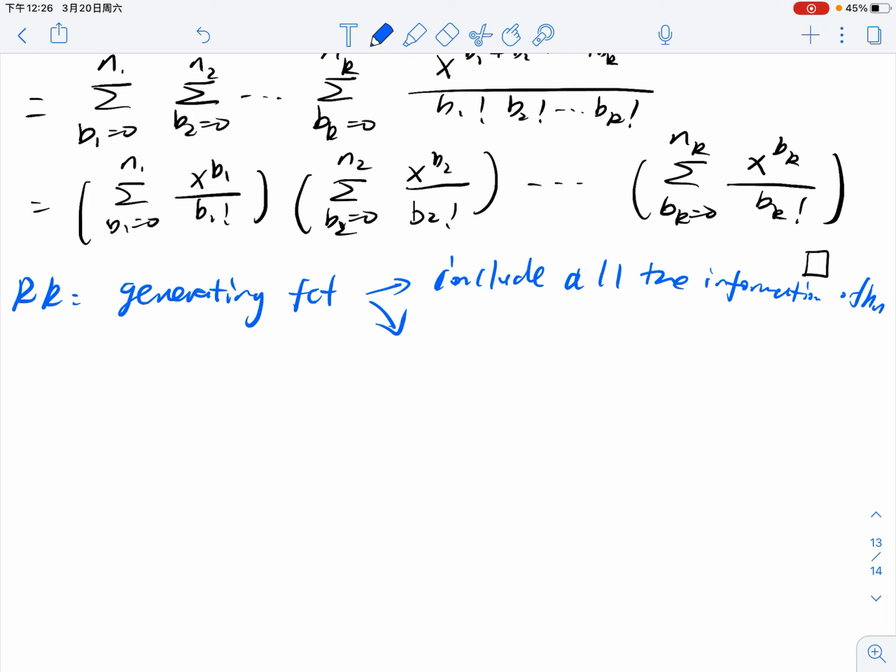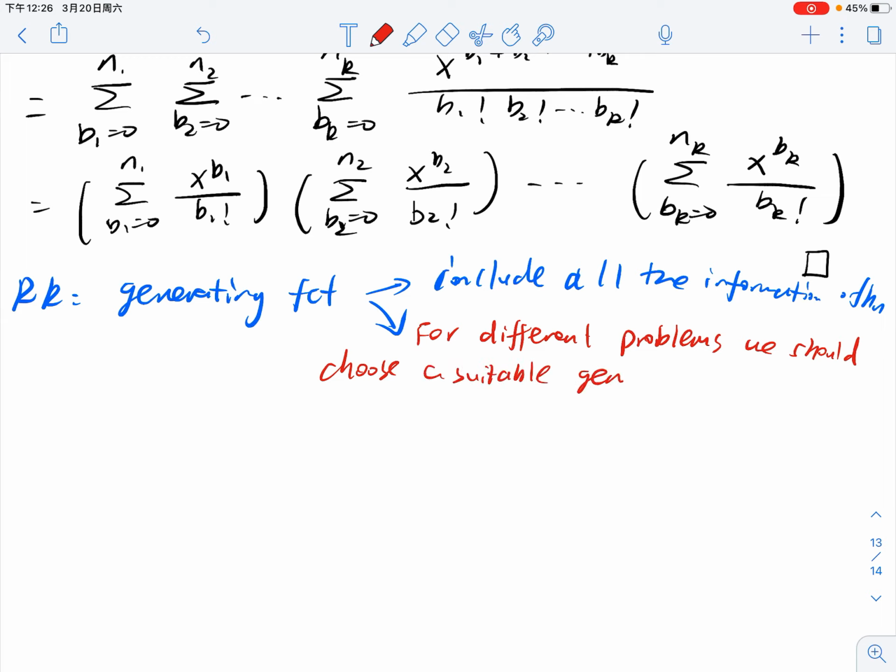But the second step is a crucial one: for different problems, we should choose a suitable generating function which is easy to compute.